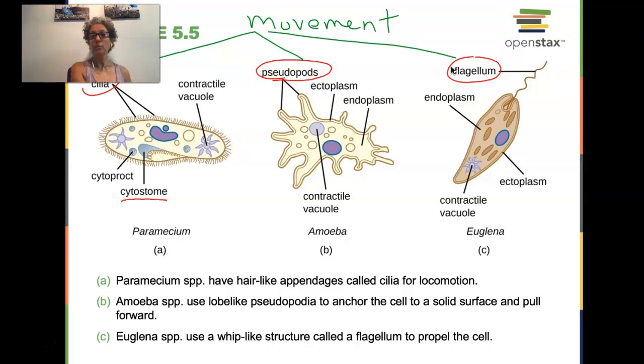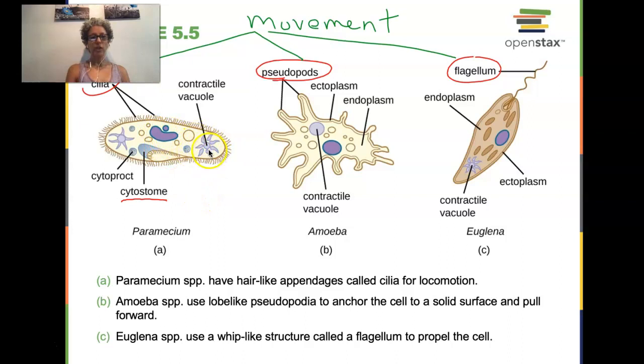And just like in prokaryotes, in eukaryotes the flagellum is used for movement. However, in prokaryotes, that flagellum either spins clockwise or counterclockwise, like a propeller. In eukaryotes, it undulates, it waves, it does not rotate. So, Paramecium is the genus, the first name. There are different species of Paramecium, and they are eukaryotic, so they do have a nucleus.